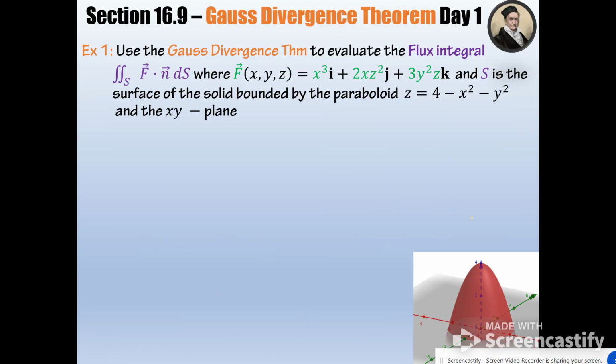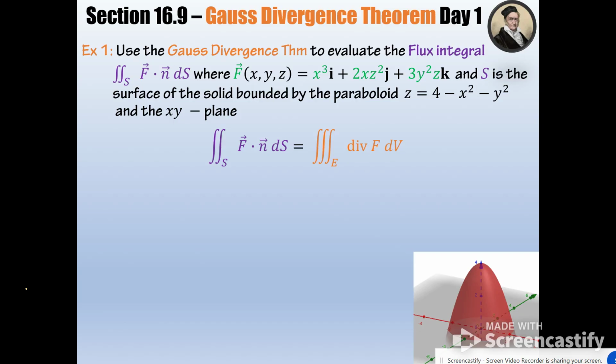Use Gauss to turn the double, or surface, flux integral into a triple volume integral. So the first thing I need to know is, is this surface closed? And it is. It's a paraboloid capped by the xy plane, so it's got a solid bottom. It's not going on infinitely.